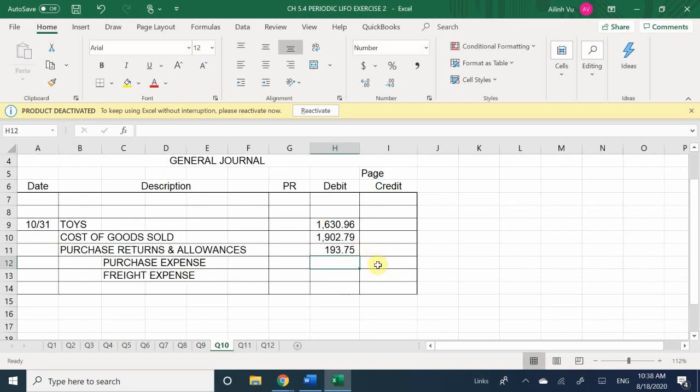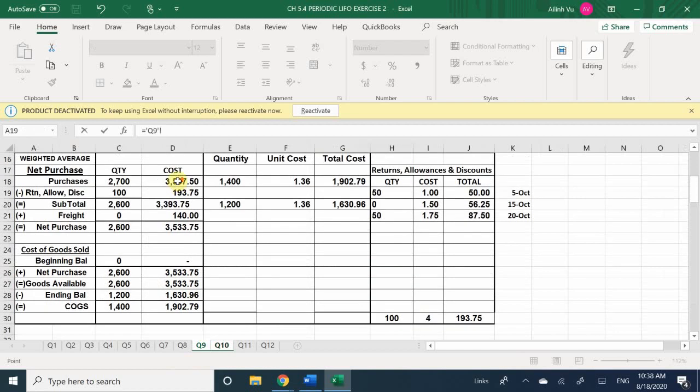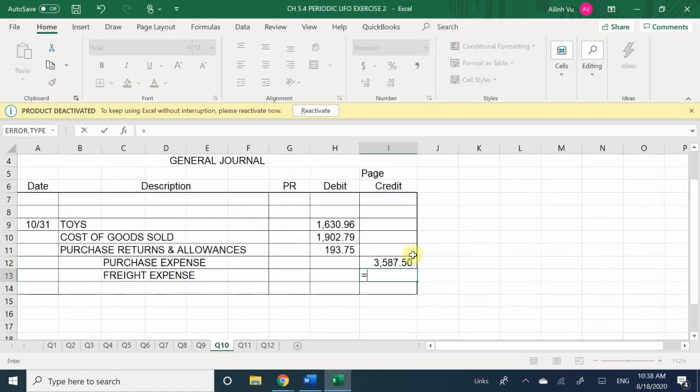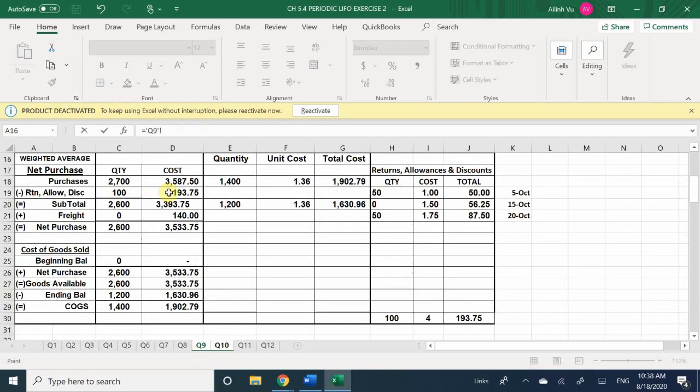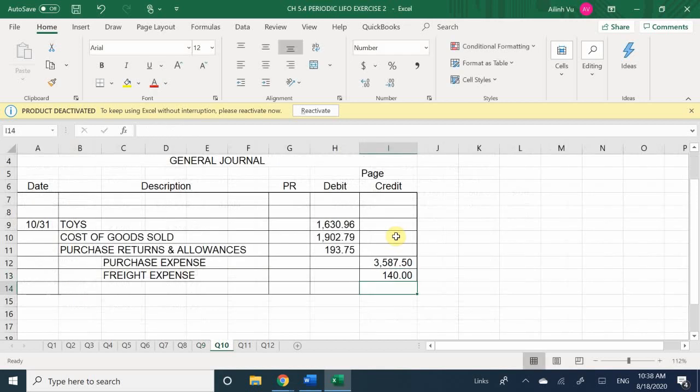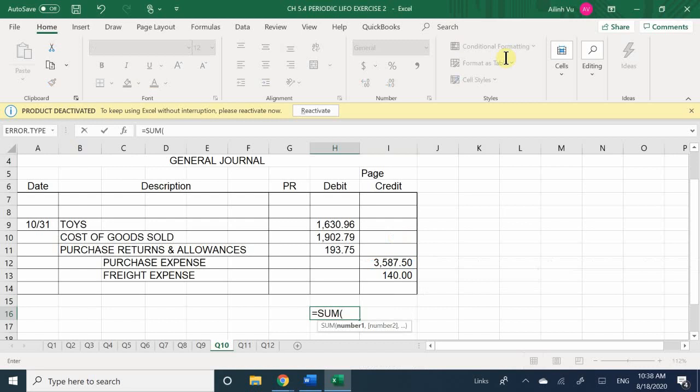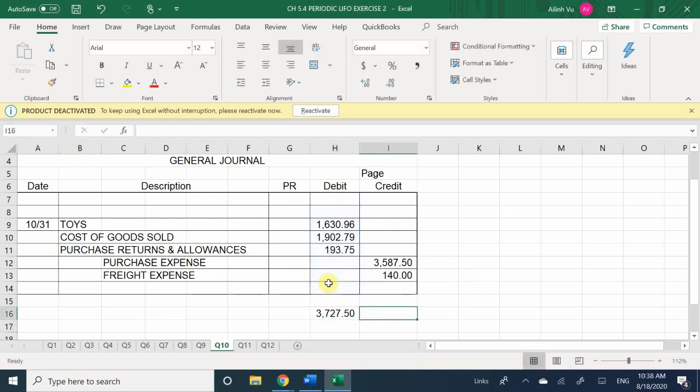And what is my total purchases that I've made? 35,850. And what was my total freight? 140. All right, and if I were to total up both sides to ensure that I correctly journalized this, do they match on each side? Yes. 37,275.50.